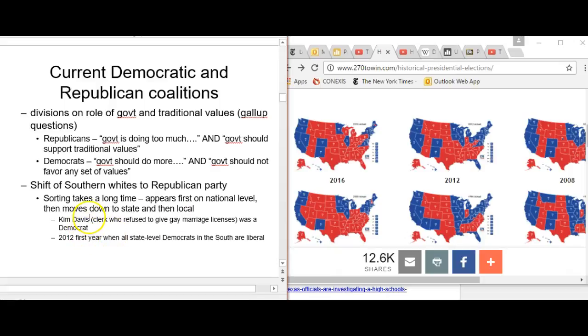I would just remind you, a couple years ago when gay marriage was made legal by the Supreme Court, I don't know if you remember, there was a clerk named Kim Davis who was refusing to give these marriage licenses, and it became a huge national issue. People started thinking about her and asking her questions, and turned out she was a Democrat.